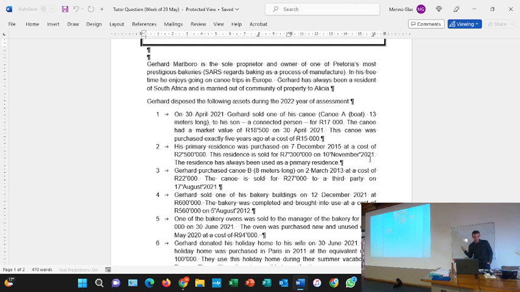Okay, any recoupments on a holiday home? Why not? Why can't we have a recoupment on a holiday home? It's not?